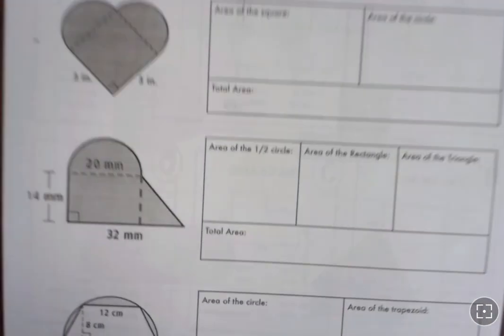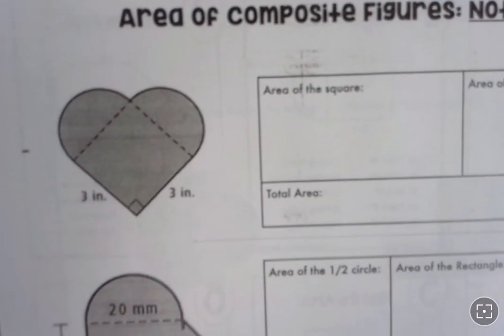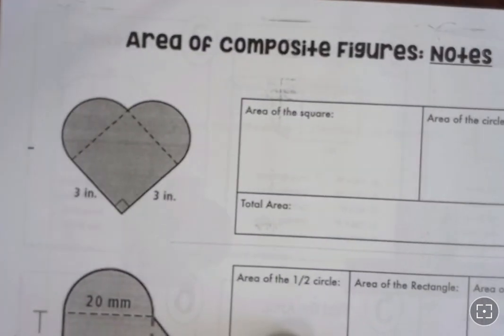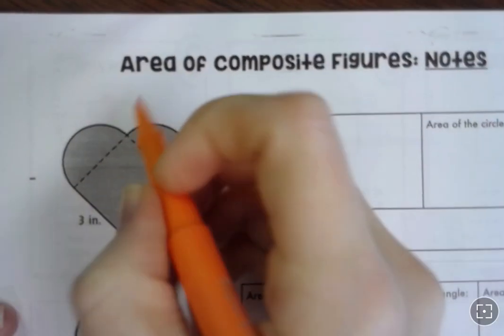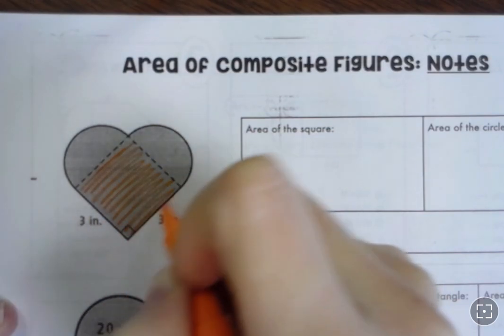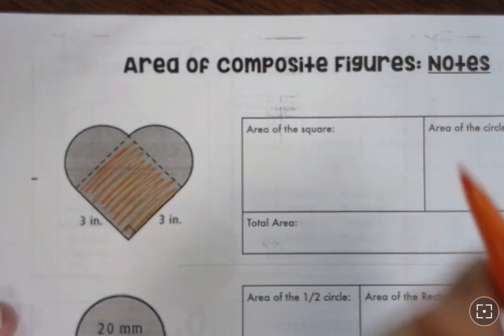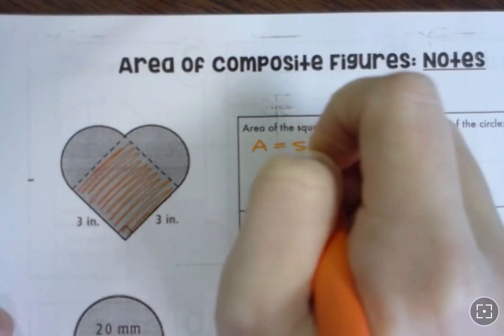I'll zoom in a little bit so you can see a little better. Okay. So here we have this square. Sometimes it helps some people to shade it in a certain color so you know what it is. That's the square, and I know the formula for the area of a square is side squared.